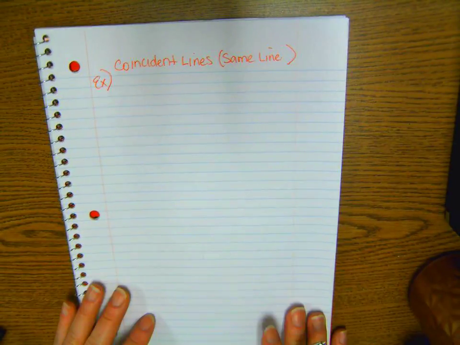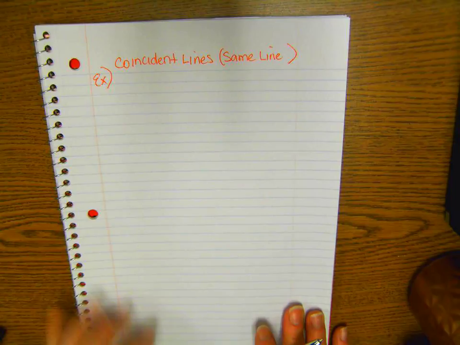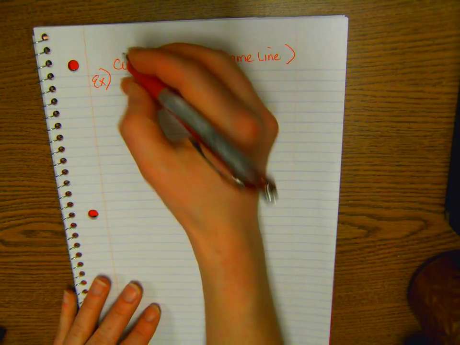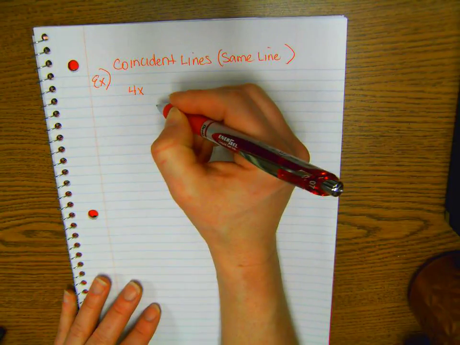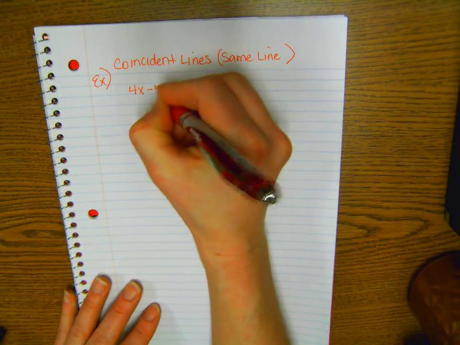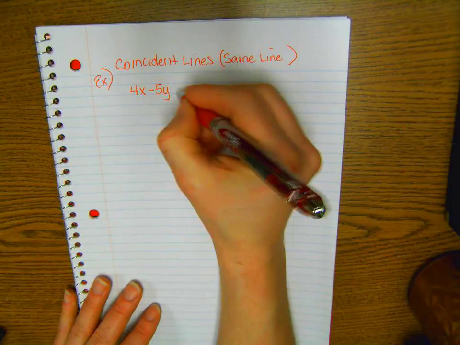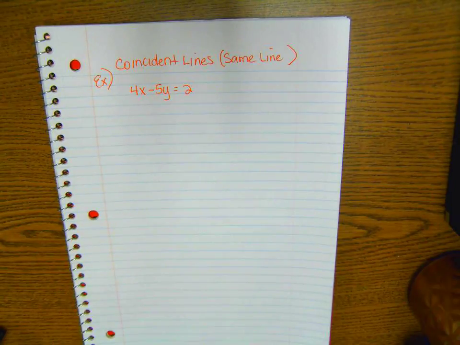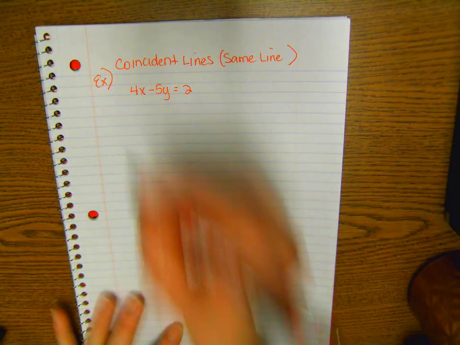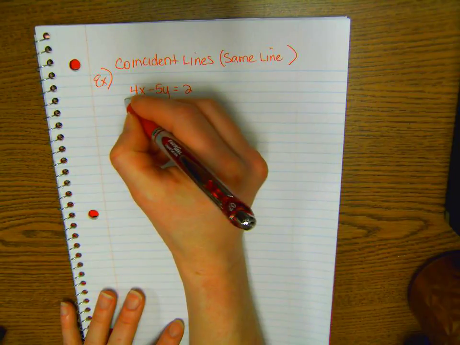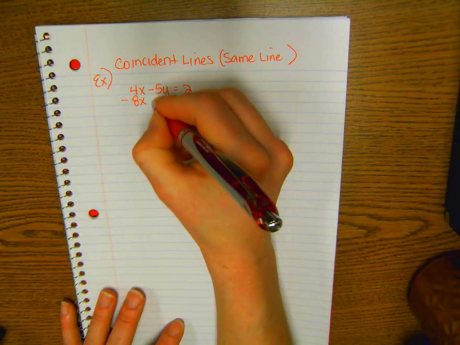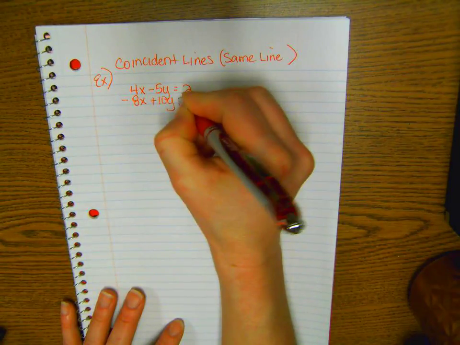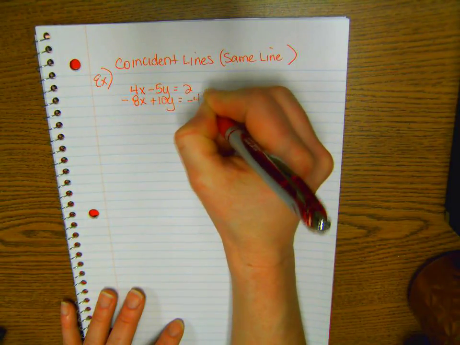So let me just show you what something like that might look like. Let's say I had 4x minus 5y equals 2. And then negative 8x plus 10y equals negative 4.